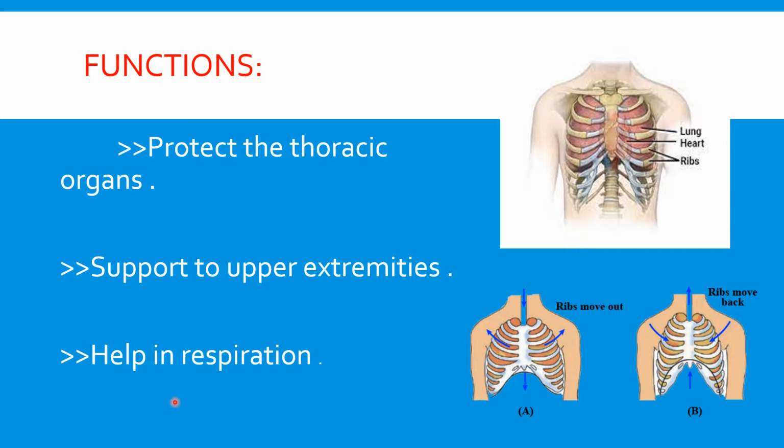So in this way, the ribs are helping in respiration. When the ribs move out, it will result in inhalation, and when the ribs move back, it will result in exhalation, meaning the air will move out from your body.